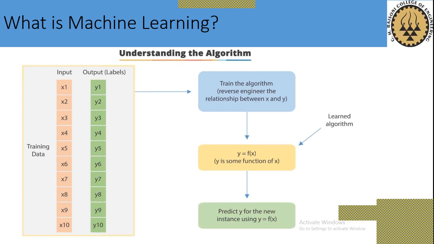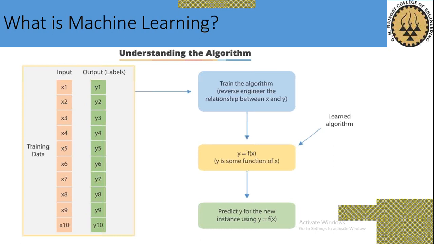A labeled data set says that if the input is x1, the output will be y1. If the input is x2, the output is y2. If the input is x3, the output will be y3, and so on. This data set we are giving to the training algorithm.